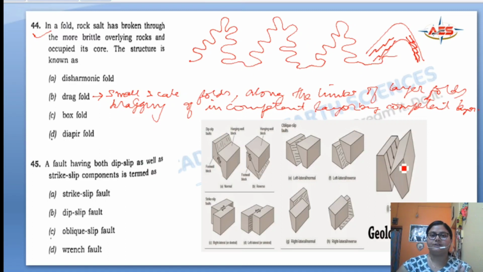Okay, when the competent layer slides past over the incompetent layer, it drags the incompetent layer, and these types of small scale folds occur. They are known as drag folds.